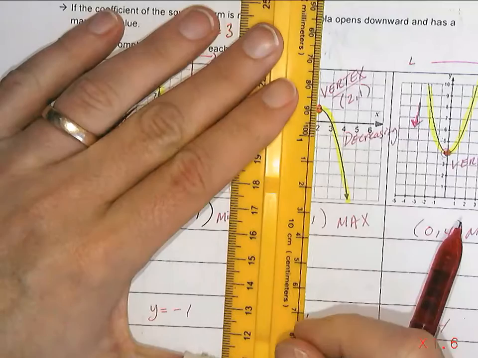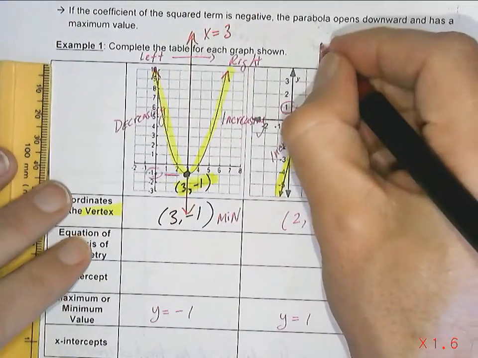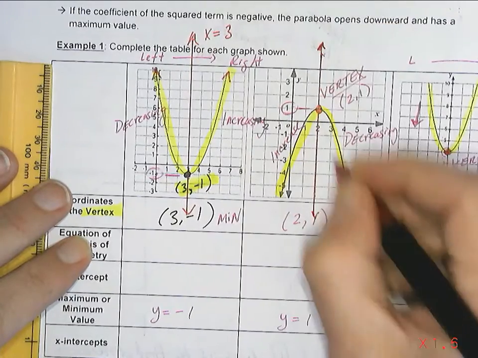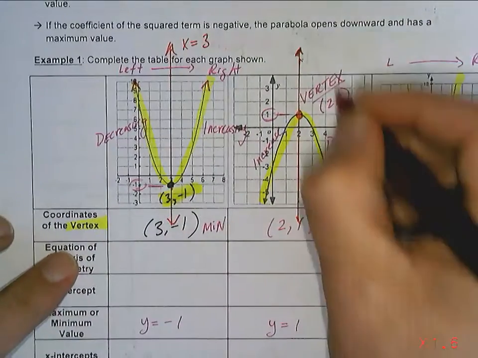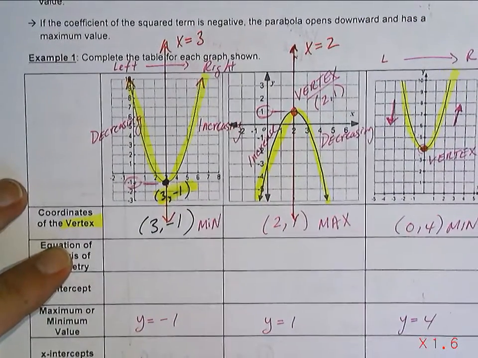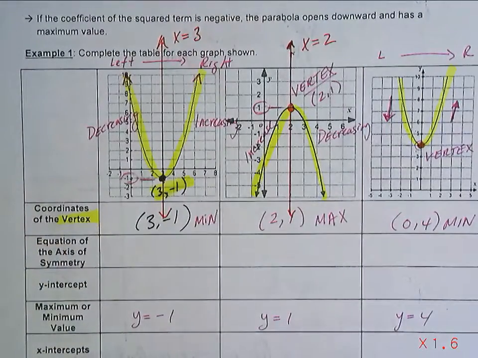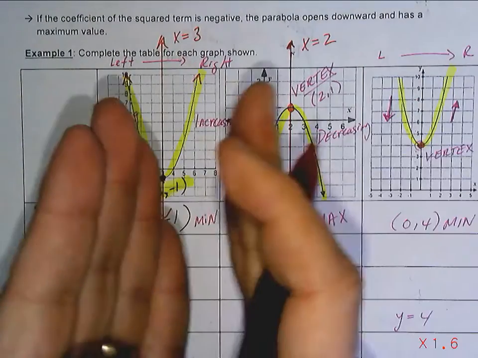Here's my axis of symmetry on the next one. It passes right through the vertex, which means it has the equation x equals 2. Notice it cuts the parabola in half. One side is symmetrical to the other side.